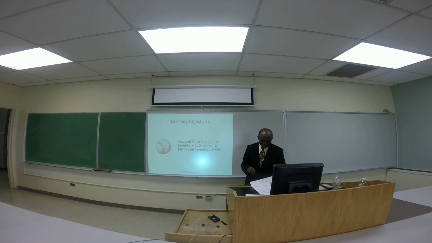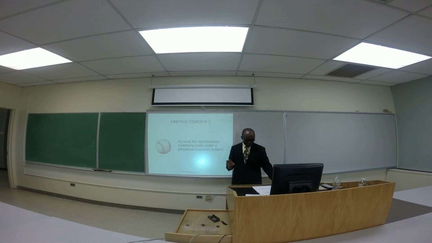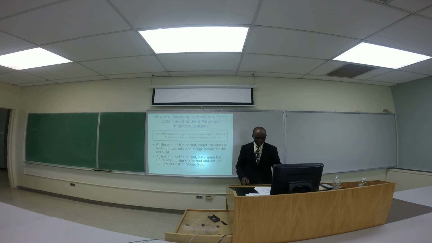But suffice it to say, at this point, we are going to zero in on the perpetual inventory system, and the periodic inventory system will be briefly discussed at the end of the chapter.